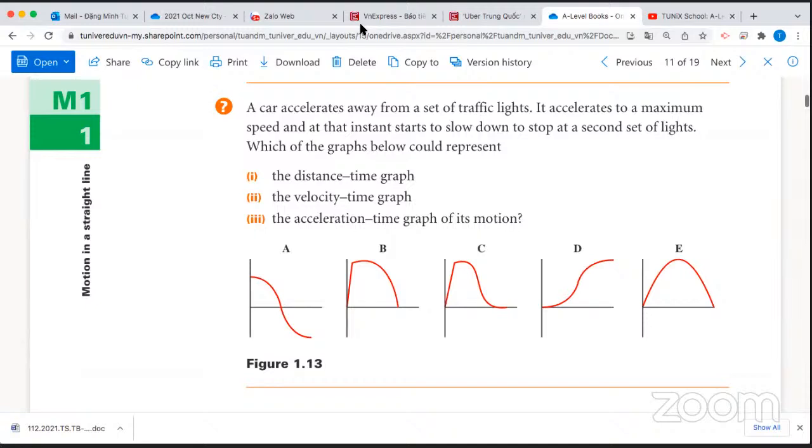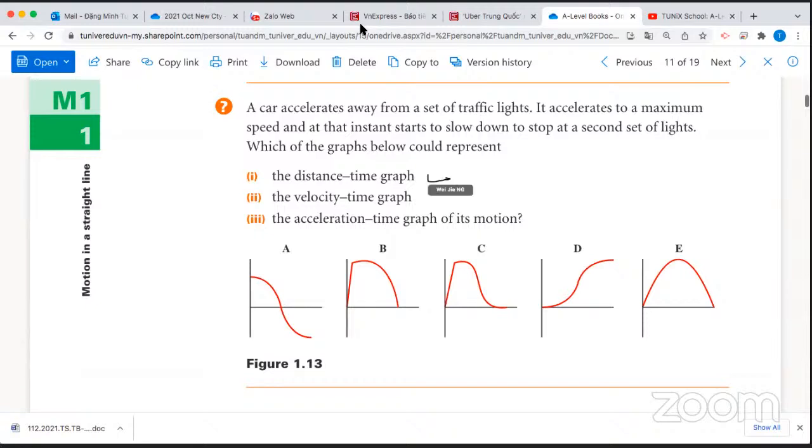Velocity, maybe A. It is velocity after all, not speed. And the acceleration-time graph, never mind, take back my word.